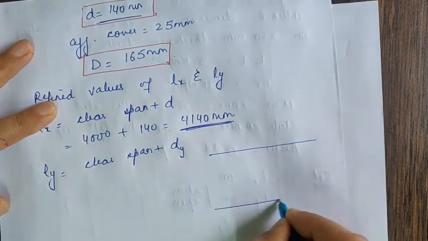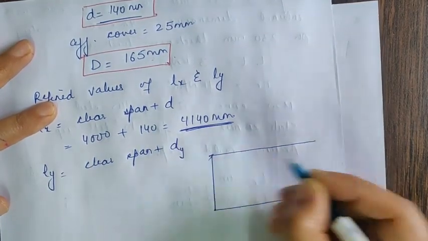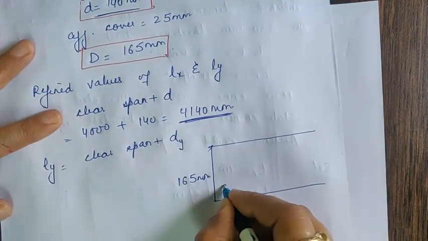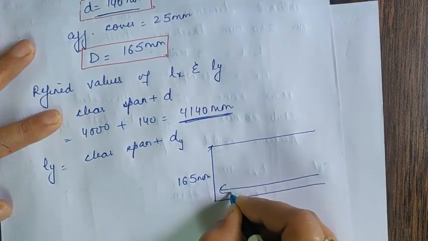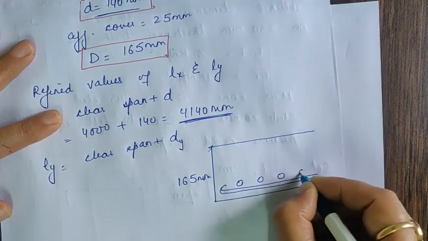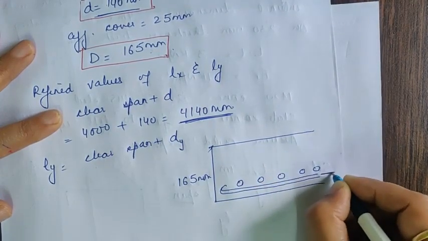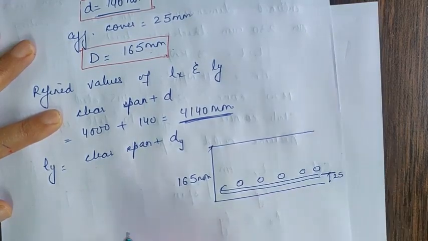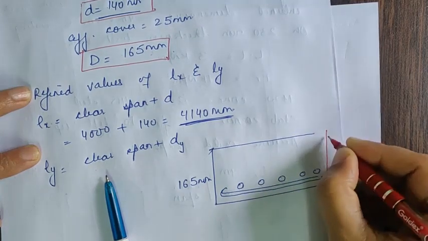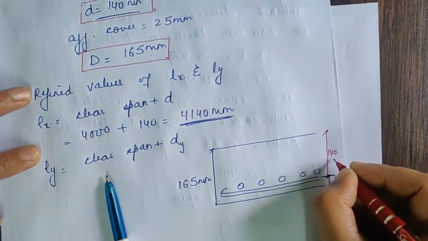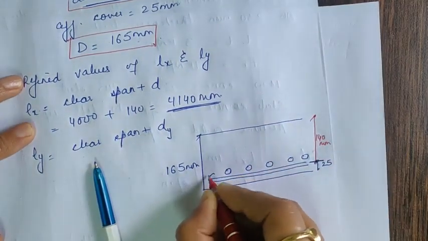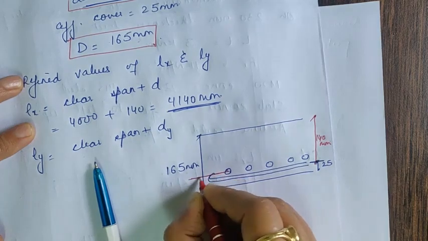See, what we have done is, we have said that this is total depth, that is 165 millimeters. This is the main reinforcement that we have provided, and this is the reinforcement in the other direction. We have taken a cover of 25 millimeters. Therefore, the value of dx will be till the center. This is coming out to be 140 millimeters. But what is dy? It is the value till the center of the reinforcement in the y direction.